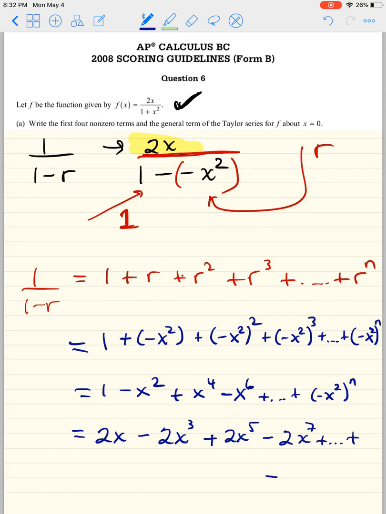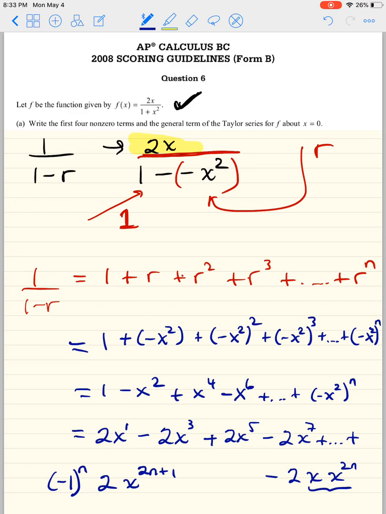Now remember, this guy is to the first, and this guy is x to the 2n, so when we combine them, it's going to be x to the 2n plus 1. So I'm going to write the last term right here, negative 2x to the 2n plus 1, but we have an alternator, so we can't leave that negative just like that. So I'm going to say negative 1 to the n. And then you are basically done with part A.